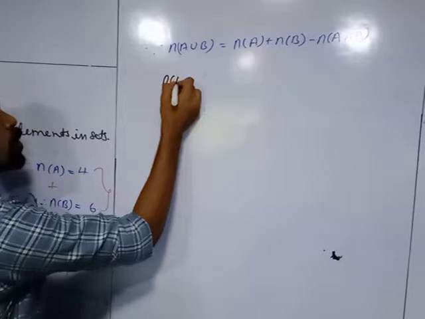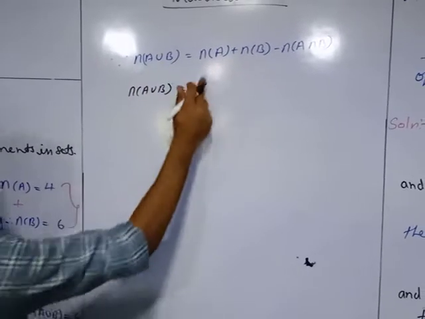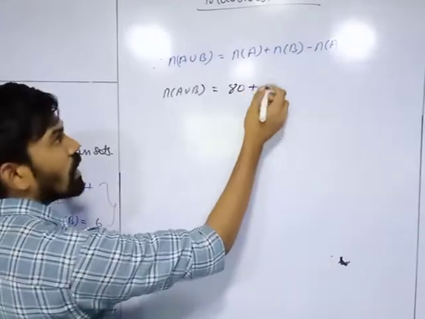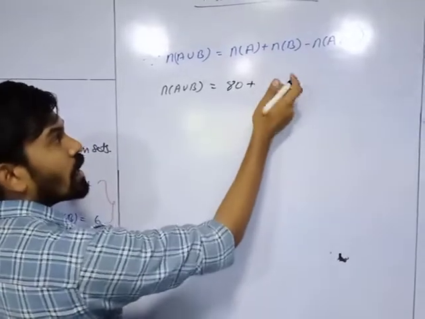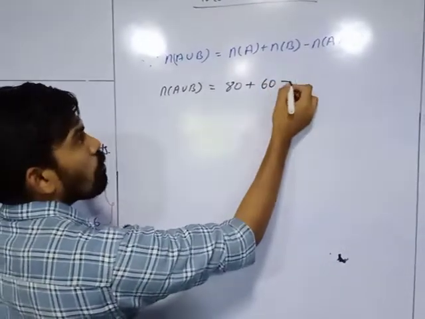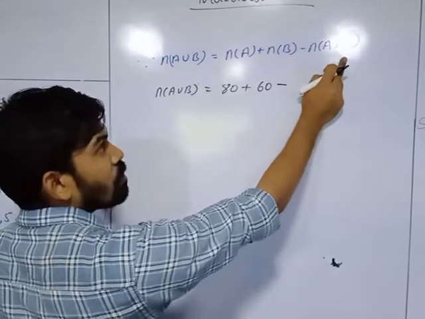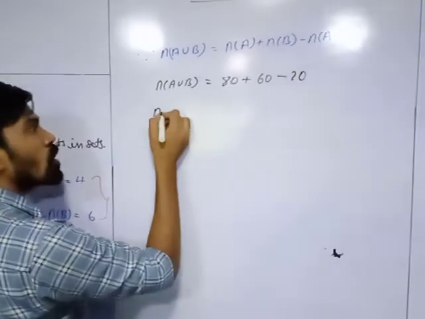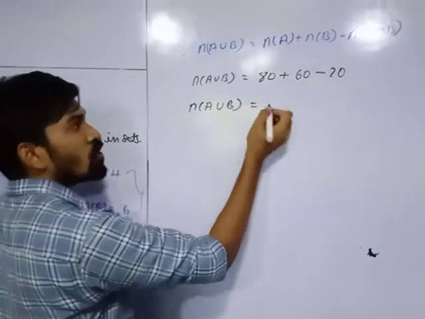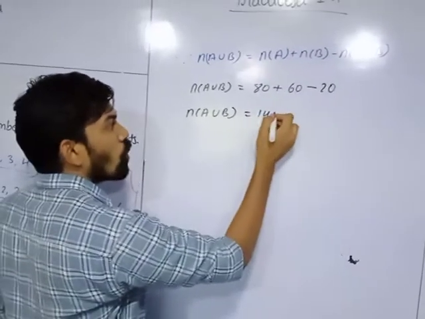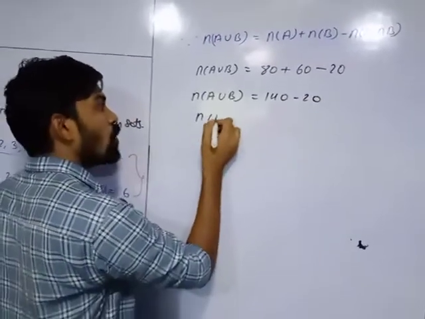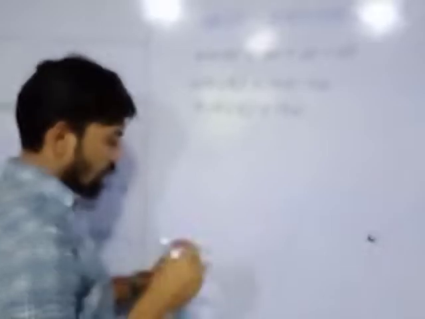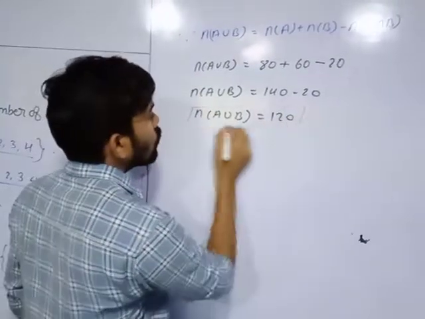Number of A union B is equal to 80 plus 60 minus 20. So 80 plus 60 is 140, minus 20, 120. That is number of A union B.